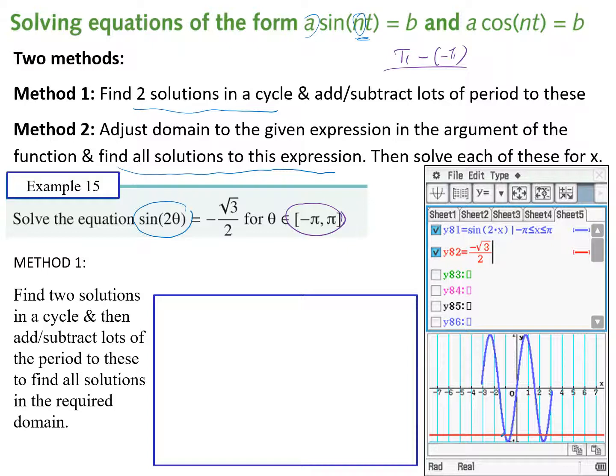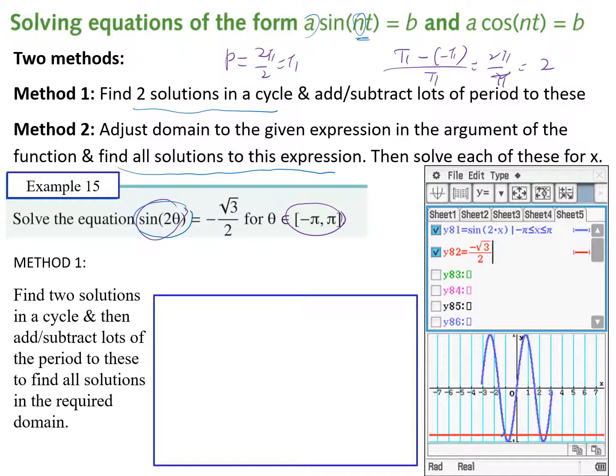You divide by the period. The period for this question is 2 pi on 2, which is pi. So 2 pi divided by pi is 2. So in other words, it has gone through 2 cycles.